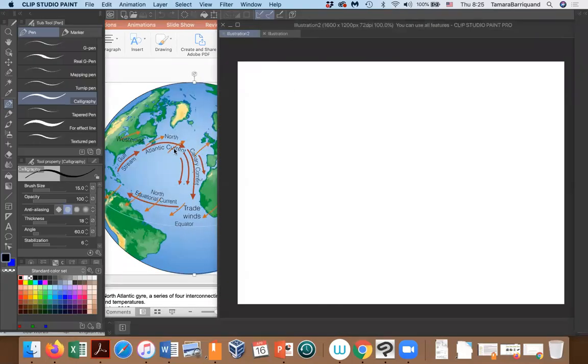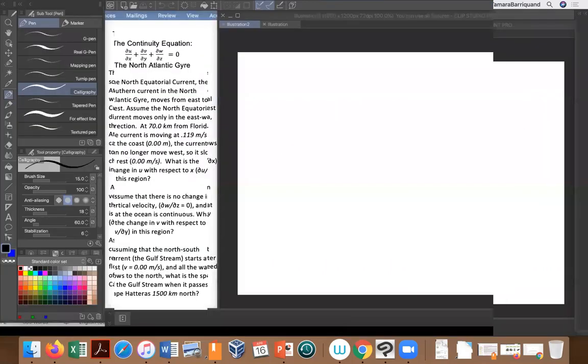Here is our North Atlantic Gyre, and down here is the current we're talking about in this example, the North Equatorial Current, and we see that it moves from east to west right here. Over here, of course, we have our Gulf Stream, and this is the part of the gyre that we're going to be talking about in this example.